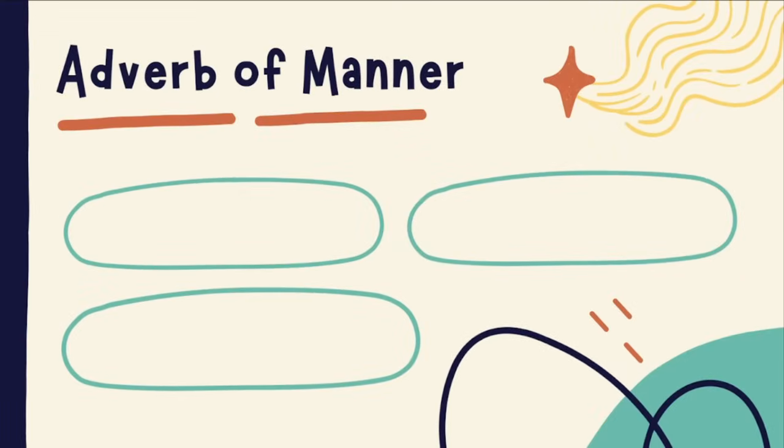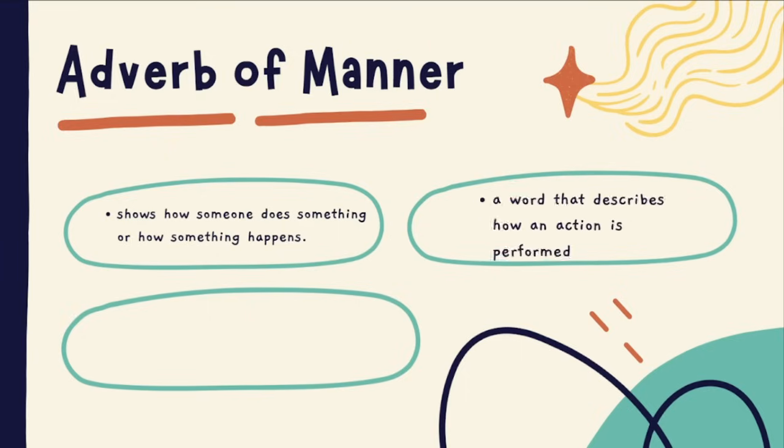So first, what is an adverb of manner? How do we determine which is the adverb of manner? It shows how someone does something or how something happens. It's also a word that describes how an action is performed.